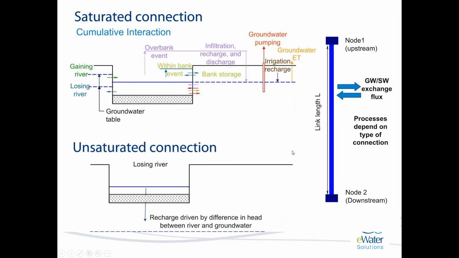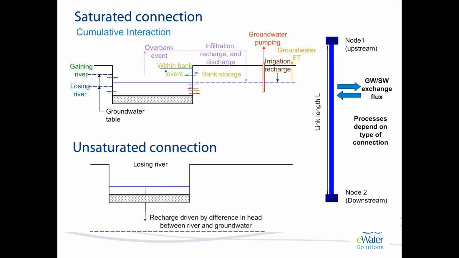The processes include groundwater pumping from a single point, irrigation recharge over a specified area, evapotranspiration over the full area, bank storage from rising and falling of the water levels within the stream.